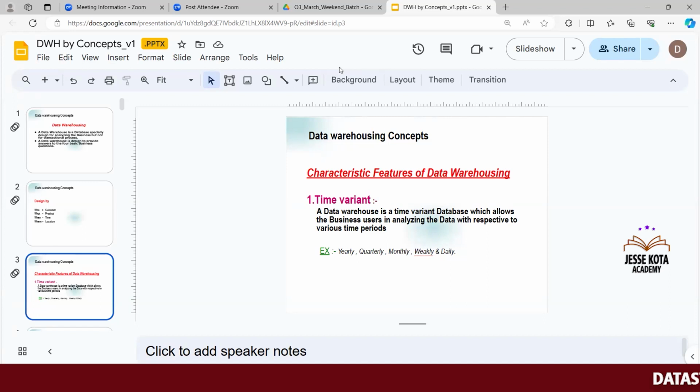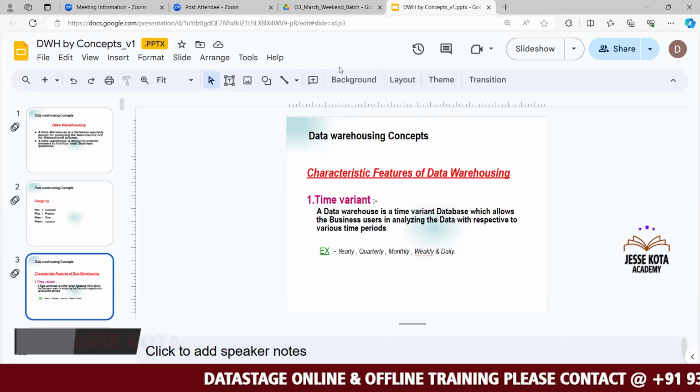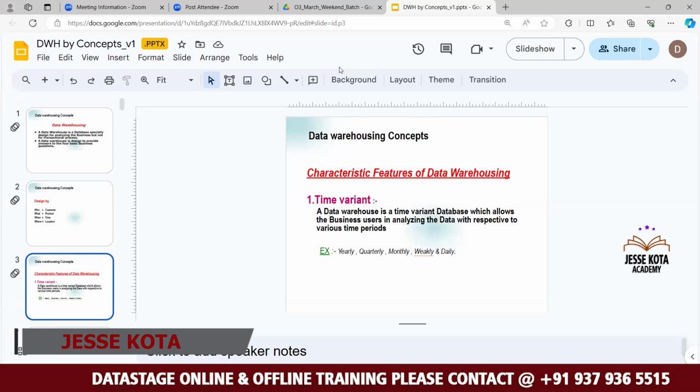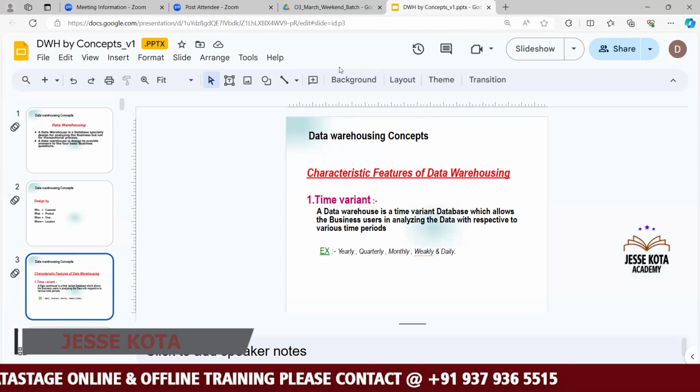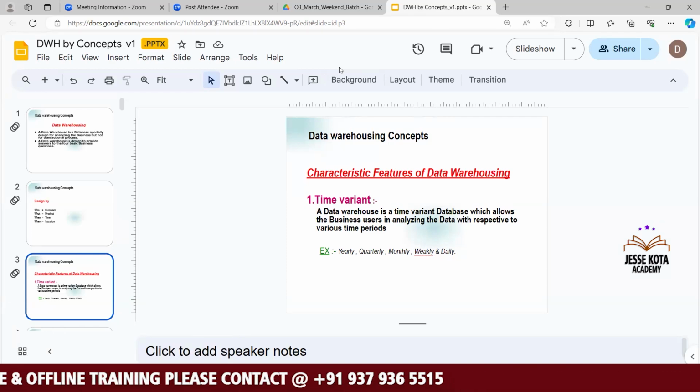For the last 2 months I can compare the Feb month, and for the last 3 months I can compare the last quarter. So month wise, quarter wise, I can do this analytics. This is the time variant characteristic.